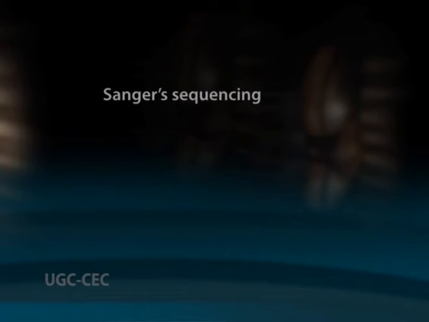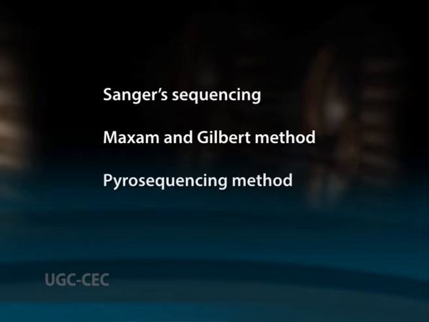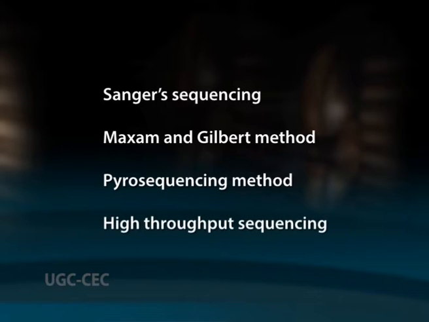Let us now summarize what we have learned in this session. 4 best known basic DNA sequencing techniques are Sanger sequencing, Maxam-Gilbert method, pyrosequencing method and high throughput sequencing. There are good prospects for the emergence of DNA sequencing methods which may revolutionize the field of sequencing.